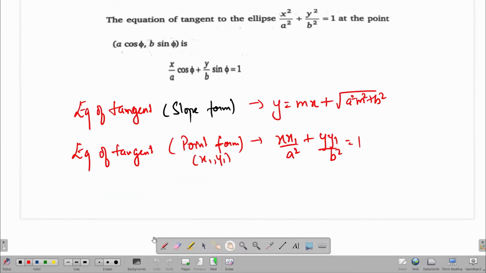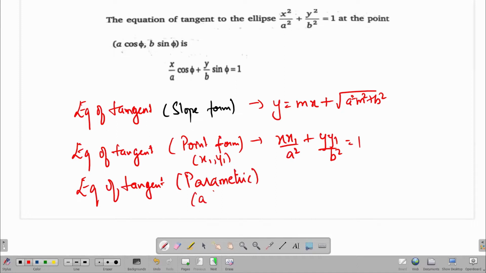For the equation of tangent in parametric form, we have to put T = 0 at (a cos theta, b sin theta) on the ellipse. So instead of x1 I put a cos theta, and instead of y1 I put b sin theta.